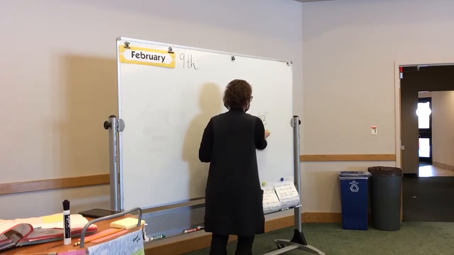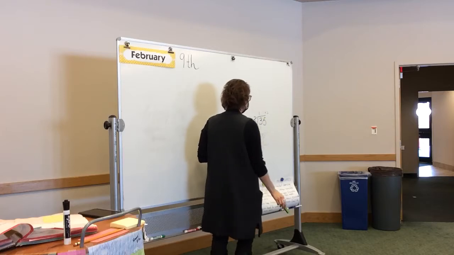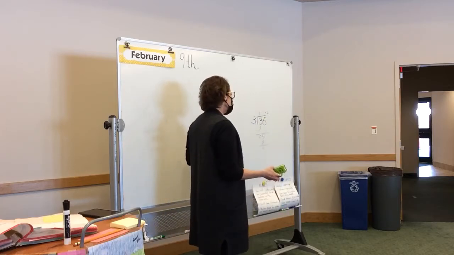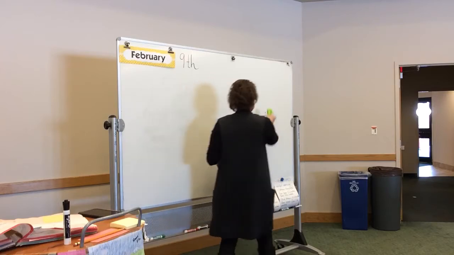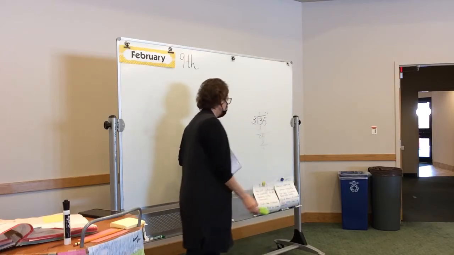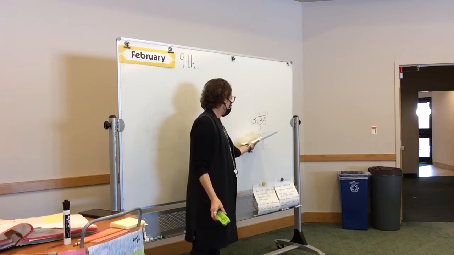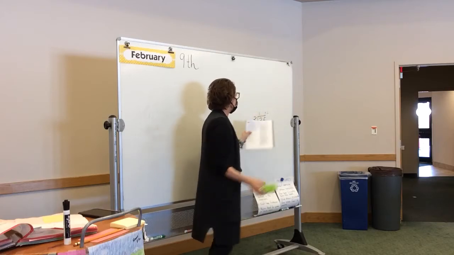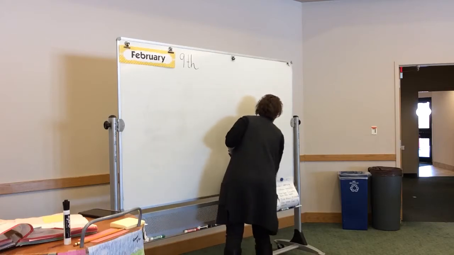So we minus 3, get a 0, take the 5 down. How many times does 3 go into 5? 1. 1 times 3 is? 3. So 5 minus 3 is? 2. Can you take 3 into 2? No. So it is remainder 2. Good job.